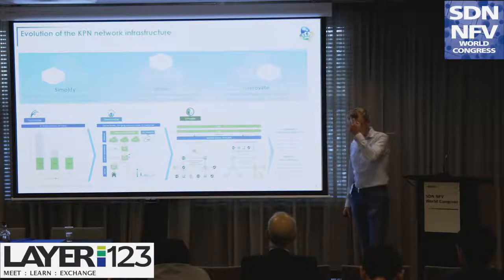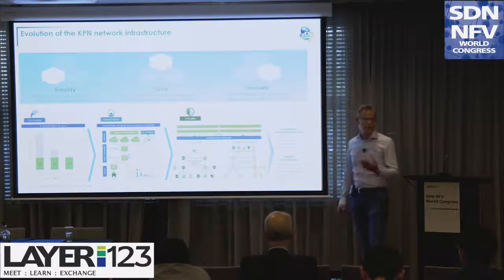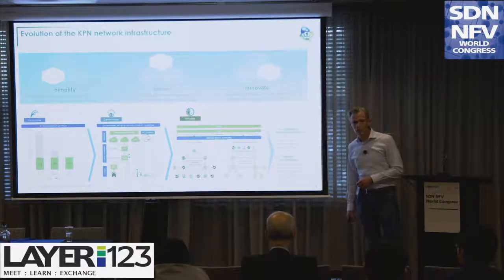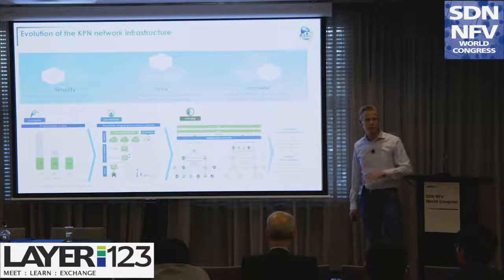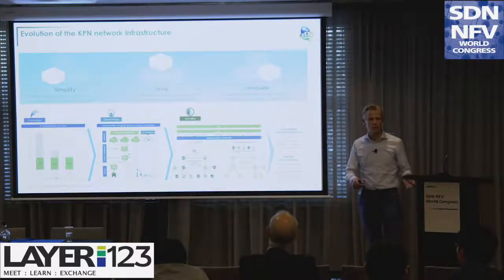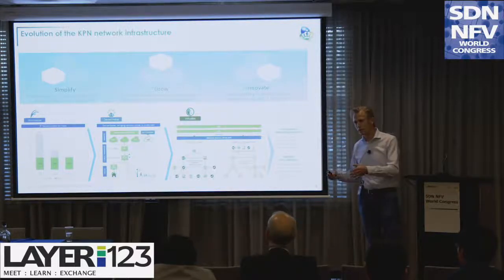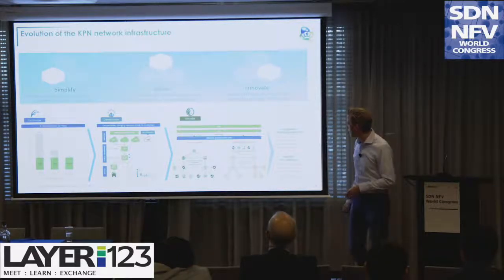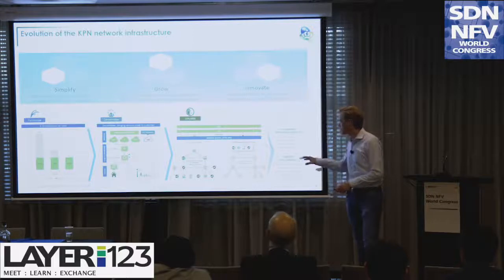The last thing we've been working on, on the innovative part, is the virtualization of network functions and service functions, which has also been discussed in earlier versions of this conference. We've started to virtualize some of the application and network functions, moving away from appliances and dedicated network functions to x86 infrastructure.